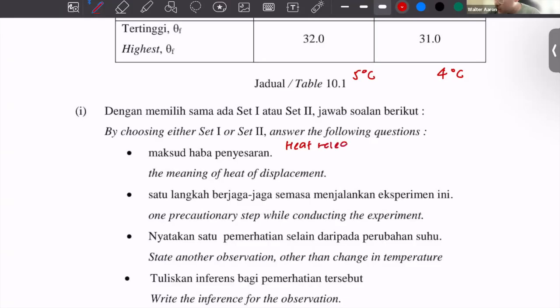Heat release when 1 mole of copper ions are displaced with zinc metal from its own salt.